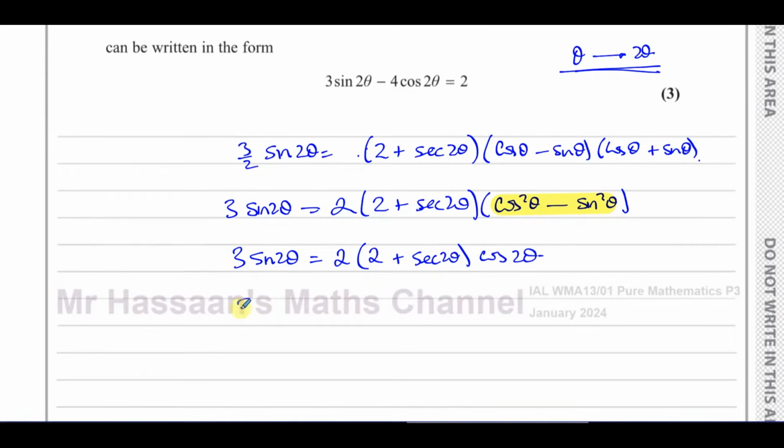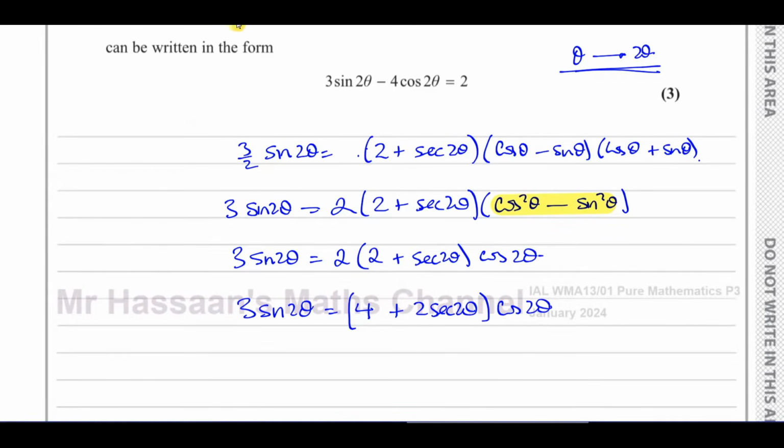So this is 3 sine 2 theta, which is what I need to have there. This is going to give me 4, and 2 times 2 secant 2 theta, and then that's going to be multiplied by cosine of 2 theta. Right, so I've just expanded that bracket.